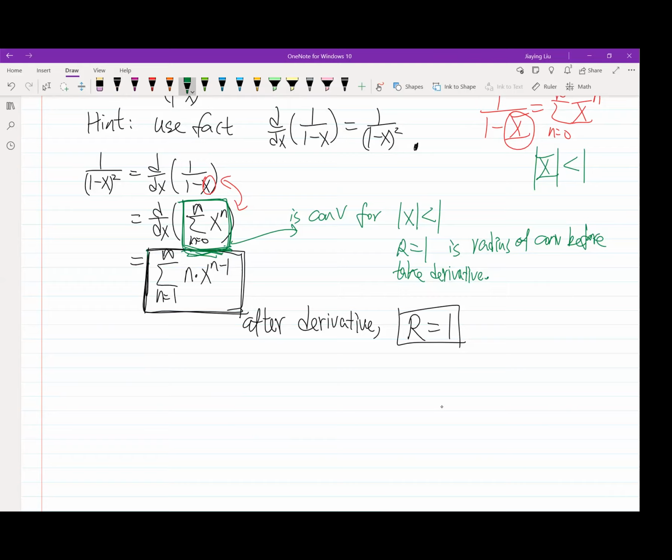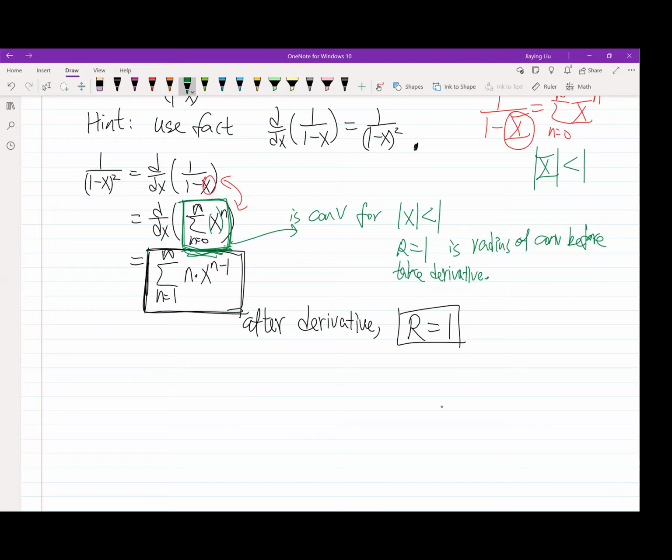When does the geometric series converge? It converges if the ratio, in this case the ratio is this x here, if the absolute value of the ratio is less than 1, that's when the geometric series is convergent.